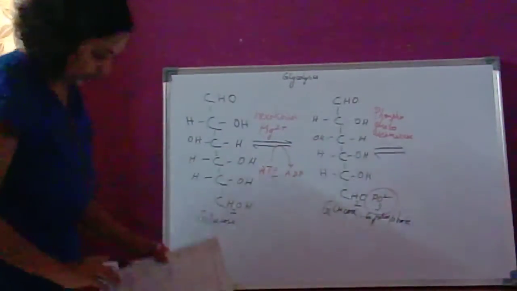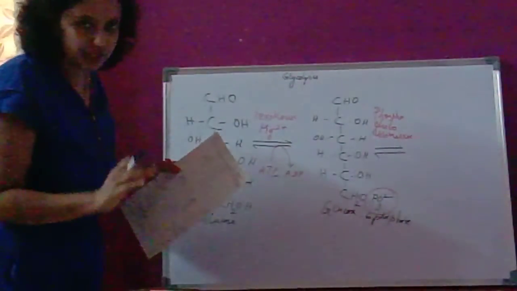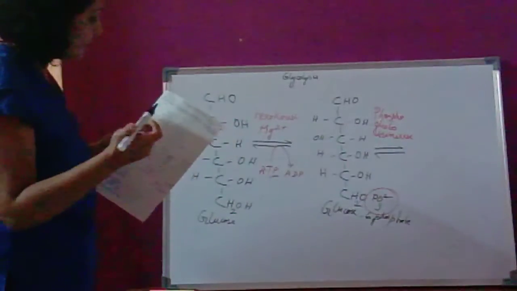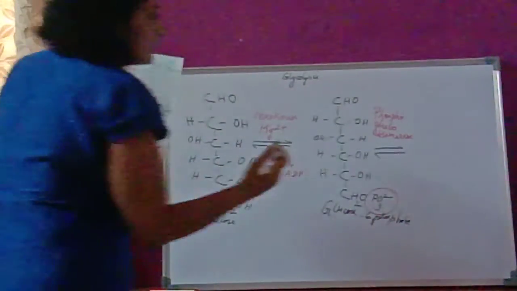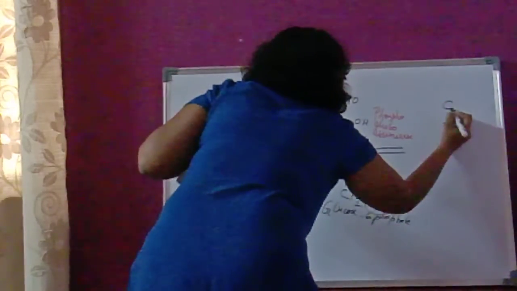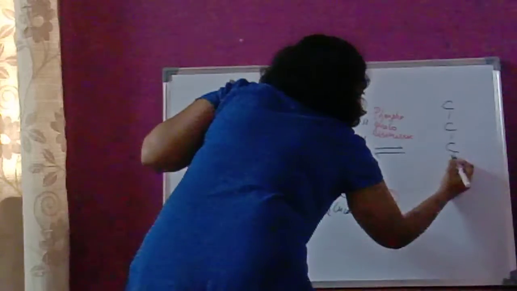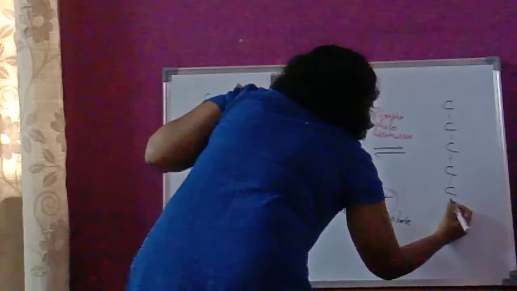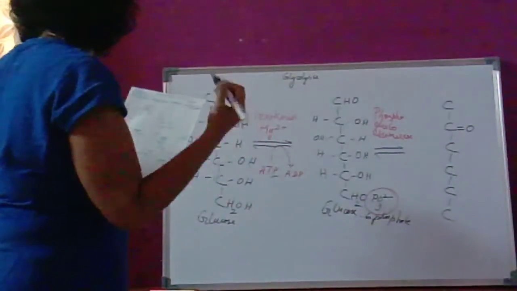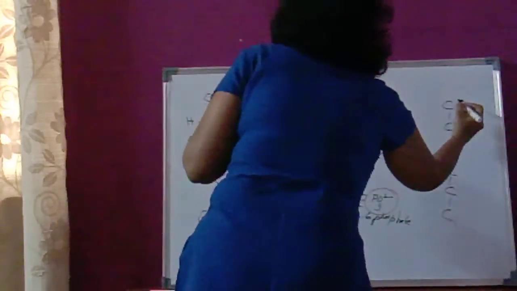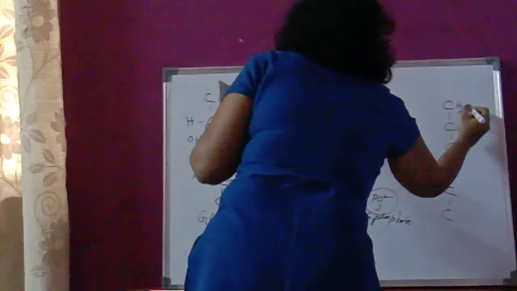See, fructose means there is always a double bond O in the second carbon atom. So I am writing the structure. Please see my structure. The normal 1, 2, 3, 4, 5, 6. In the second carbon atom, double bond O. Fructose structure: first carbon atom, CH2OH.